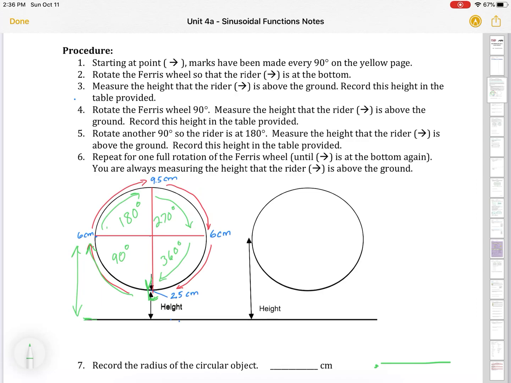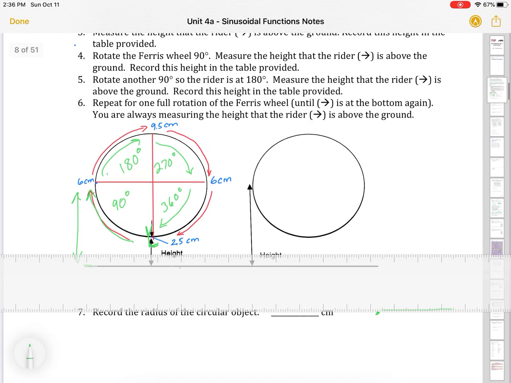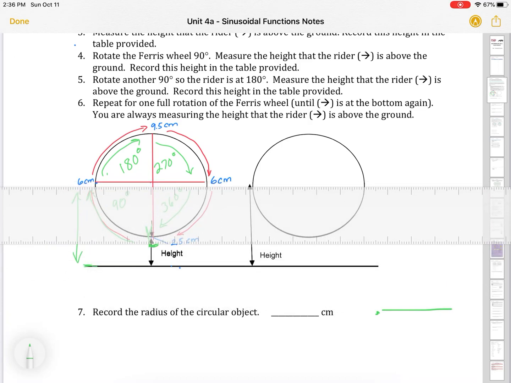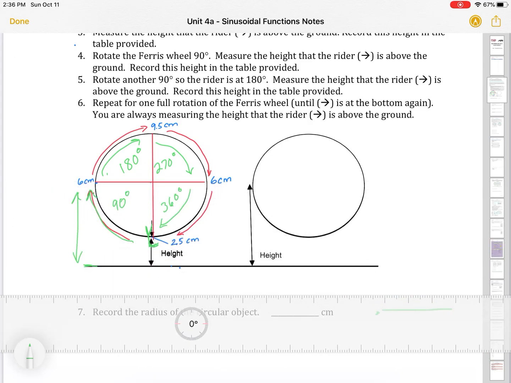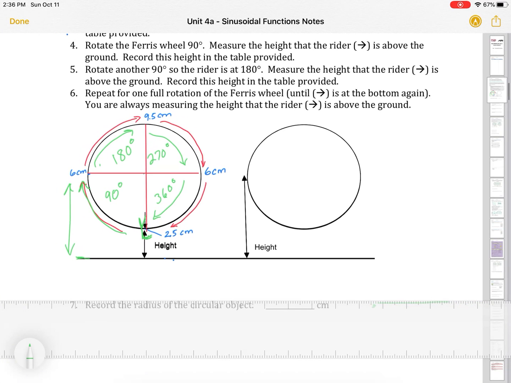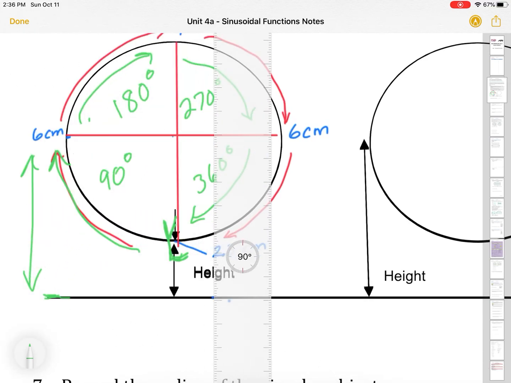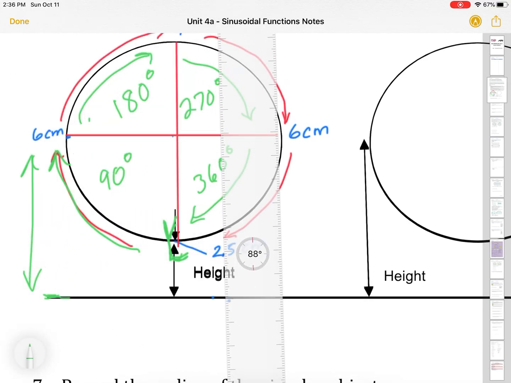Now here it says record the radius of the circular object. So it's a little challenging because it's going to depend on your actual object, right? And here, it's hard to do because I expanded it so that this would be 6 centimeters.